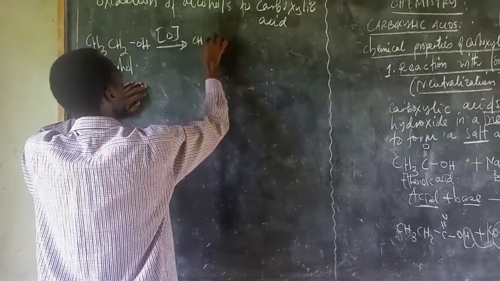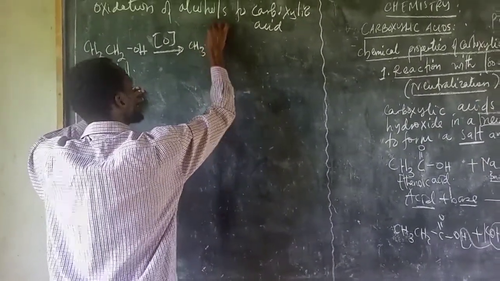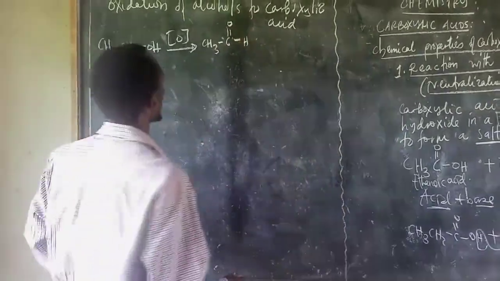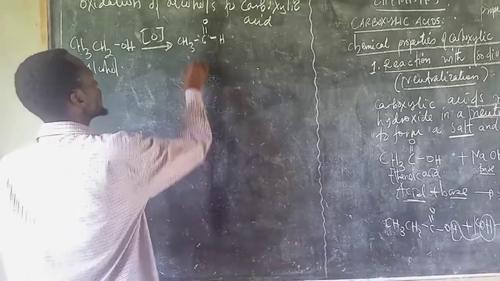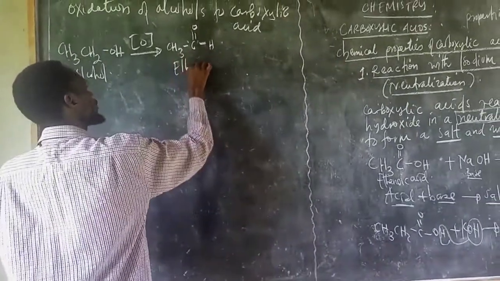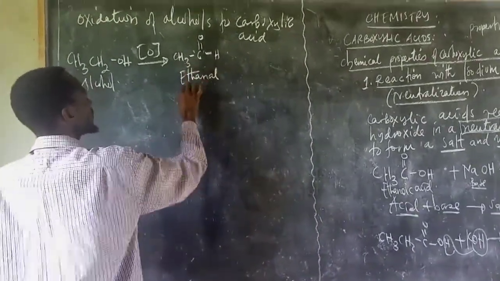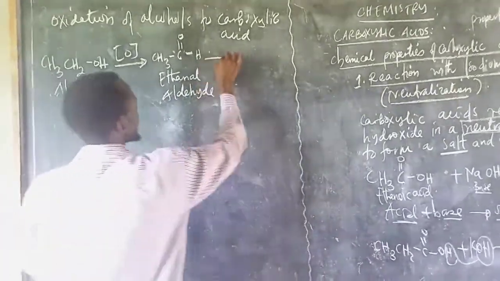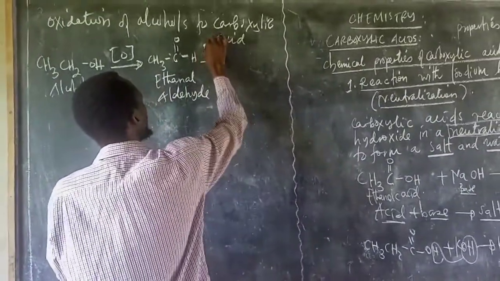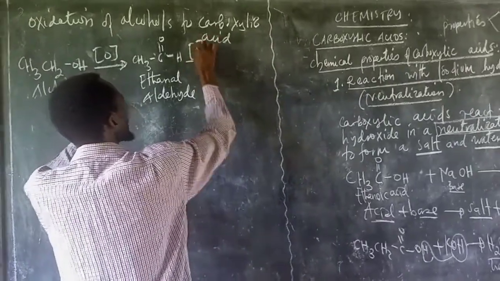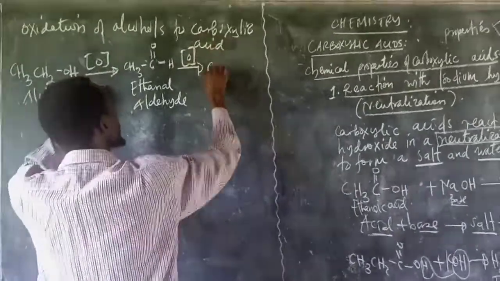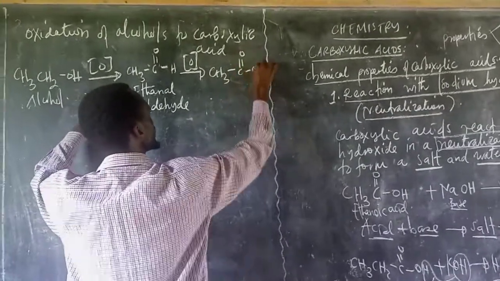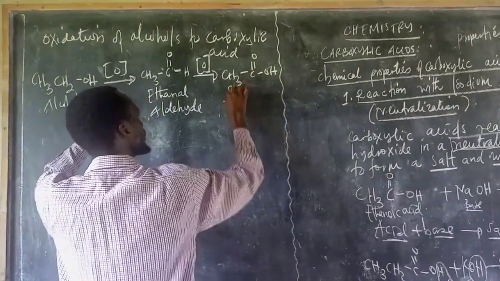This is ethanal, which is an aldehyde. Then this aldehyde is oxidized to complete the formation of carboxylic acid. That is, this is ethanoic acid.